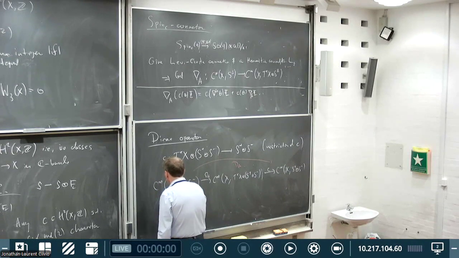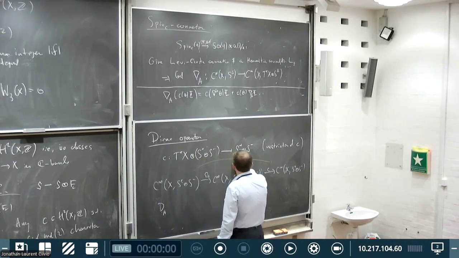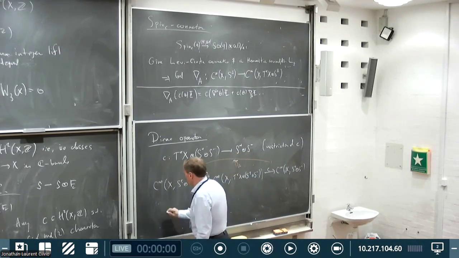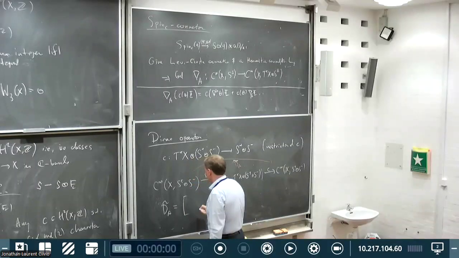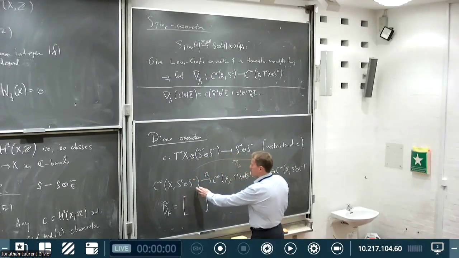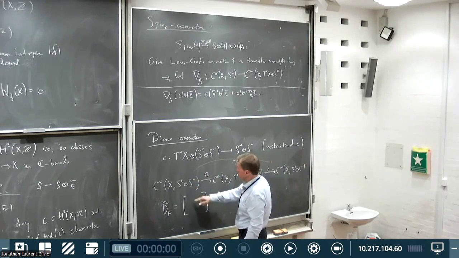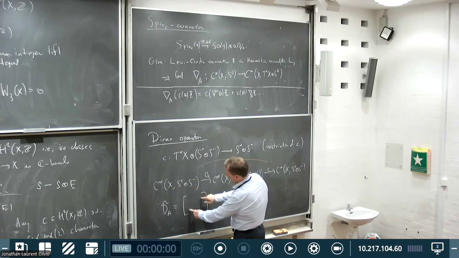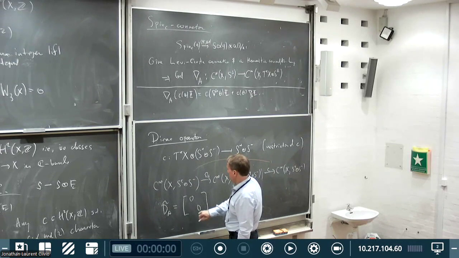I'm going to call this B tilde, but it maps sums of these guys, and because the Clifford multiplication of one forms is off diagonal, it actually decomposes as a map.